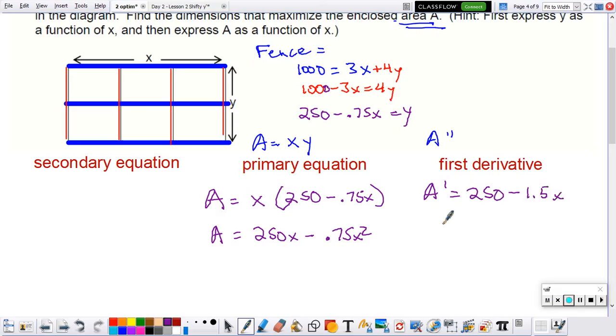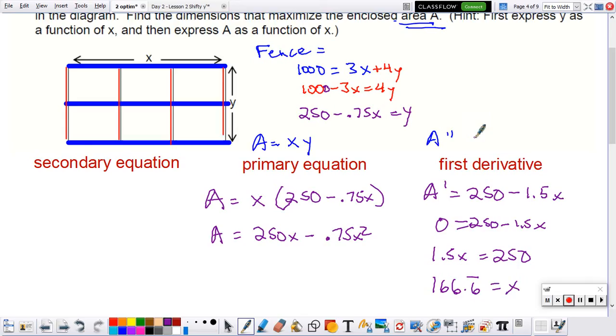That'll be 250 minus 1.5x, and then set it equal to 0. 1.5x equals 250. Grab our calculator and divide, and I get 166.6 repeating is x.